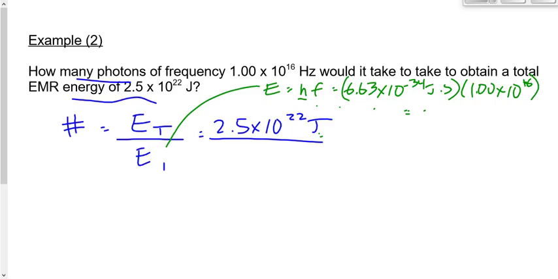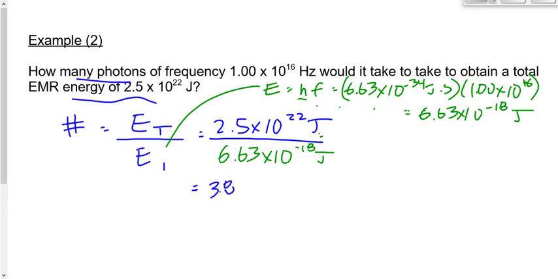Okay, we sub those numbers in. We get a value for the energy of 1 photon of 6.63 times 10 to the negative 18 joules. We sub that in here, and we divide the 2, and we get 3.8 times 10 to the positive 39.